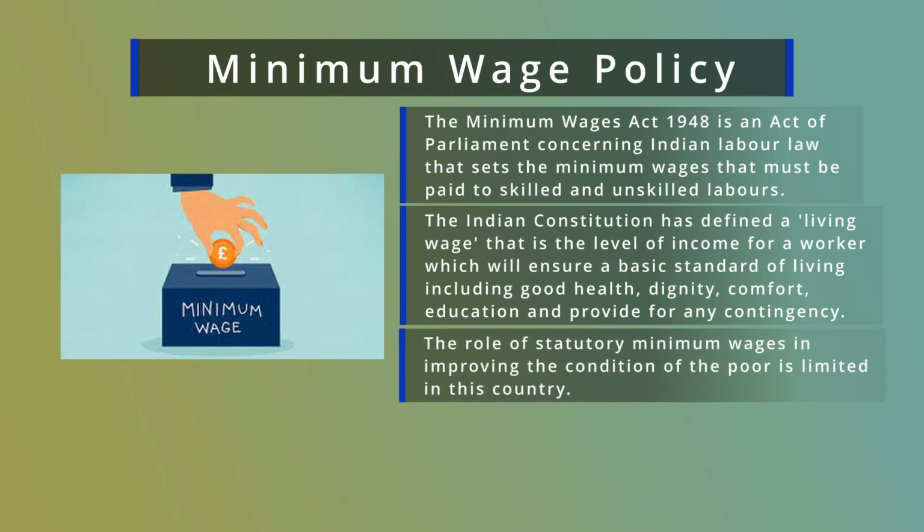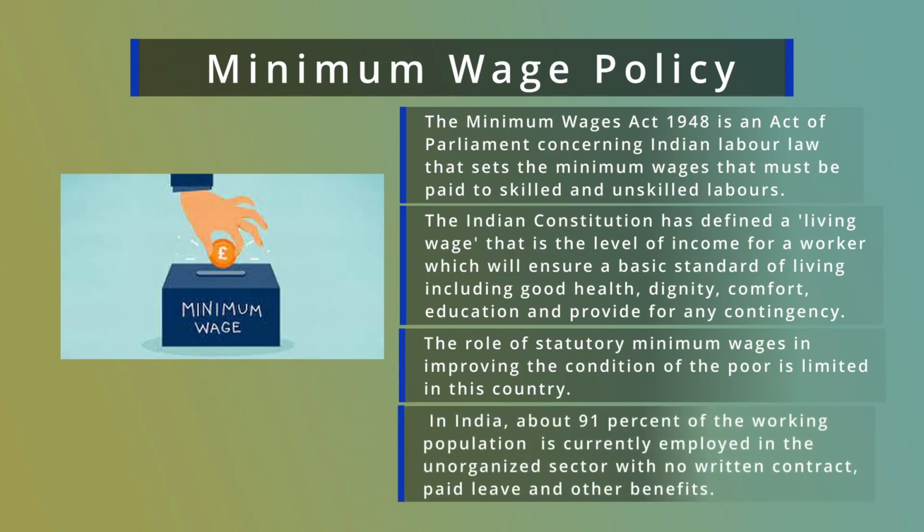But the statutory minimum wage that was introduced in our country is not effectively able to control poverty or inequality, because in our country most of the workers are engaged in the unorganized sector. Nearly 91% of the total workforce is engaged in the unorganized sector, where there is no job contract, no statutory provision of a minimum wage rate, and no labor laws.